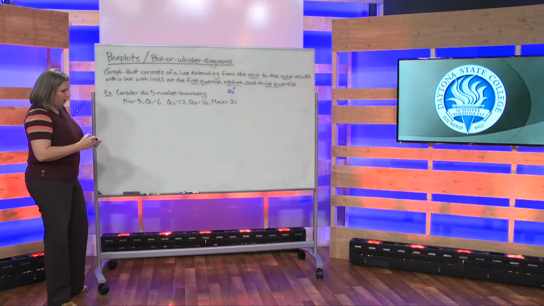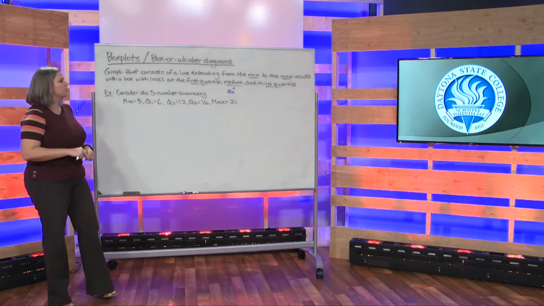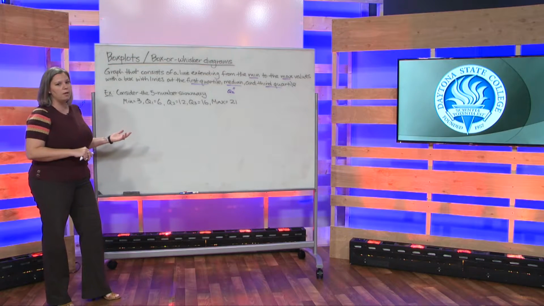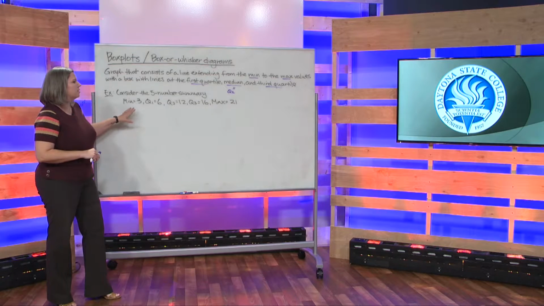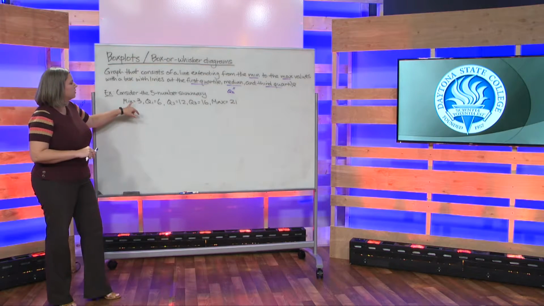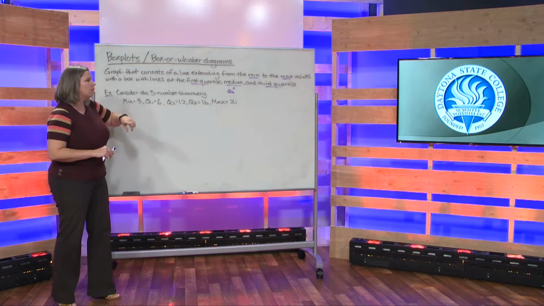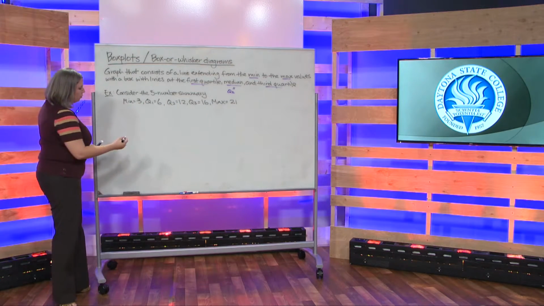Step 1 of the box plot is probably one of the more important steps. We actually need to draw a scale. So we want to make sure that our box plots accurately represent this data, and using an appropriate scale that includes the min and the max value is going to be important. So my min is 3, my max is 21.